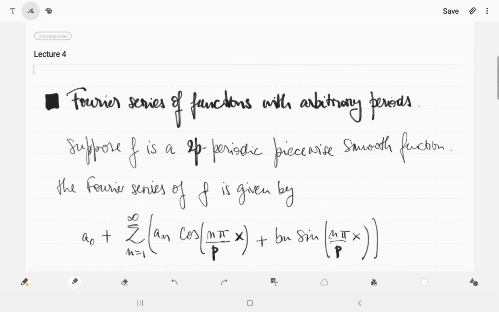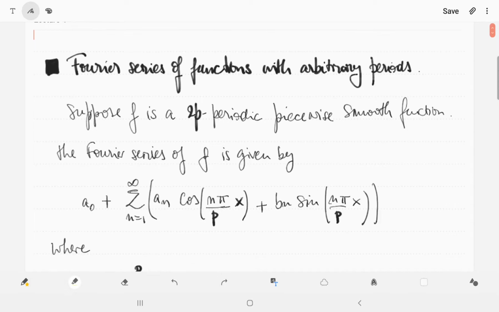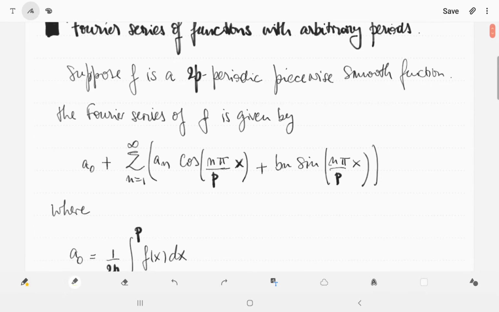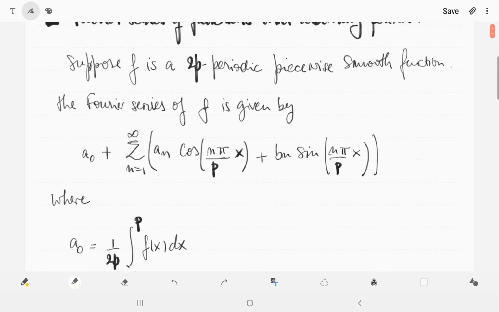We have the Fourier series of this f, the 2p periodic function, given by this formula that we have here, where we have these coefficients a0, an, and bn, and they are called the Fourier coefficients of f.